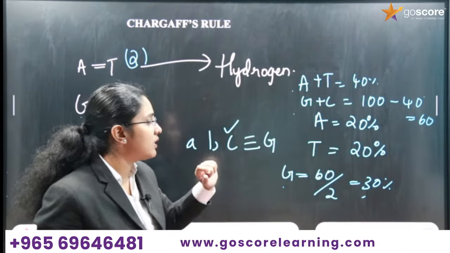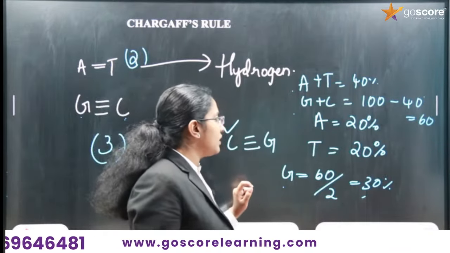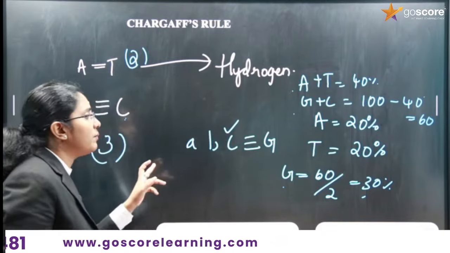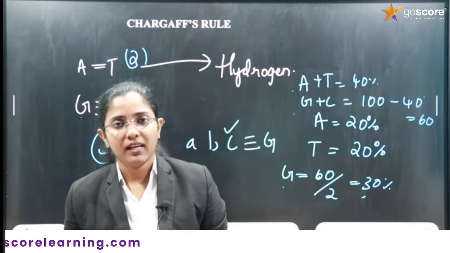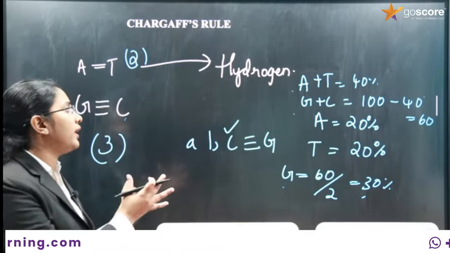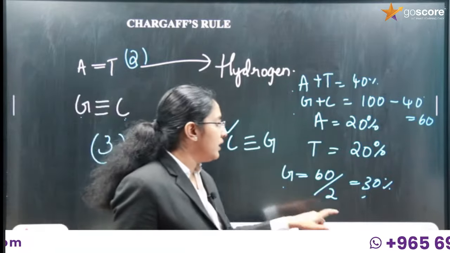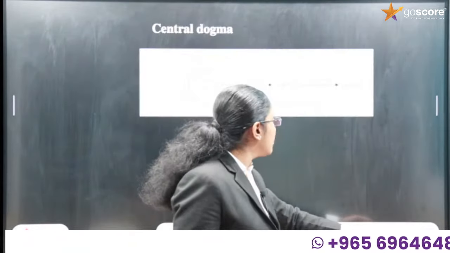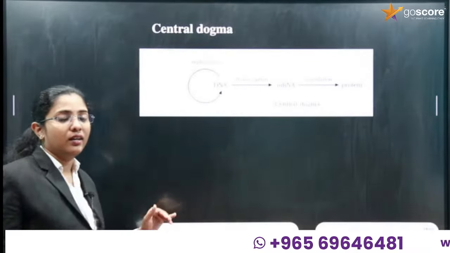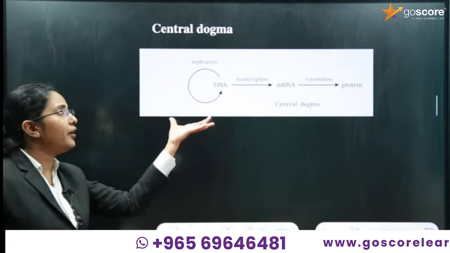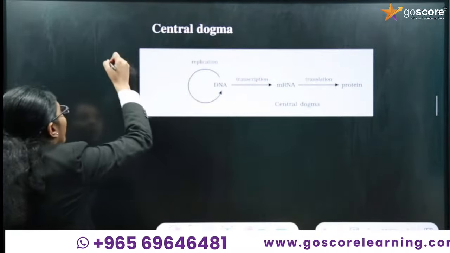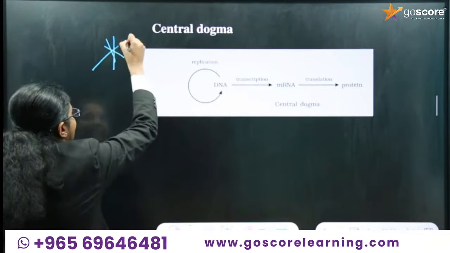That is, sorry, not 40, 20 plus 30, which is 50%. Okay, clear? This is very important. You have to be thorough with this equation and also with Chargaff's rule. Next it is about the central dogma. This is very important.